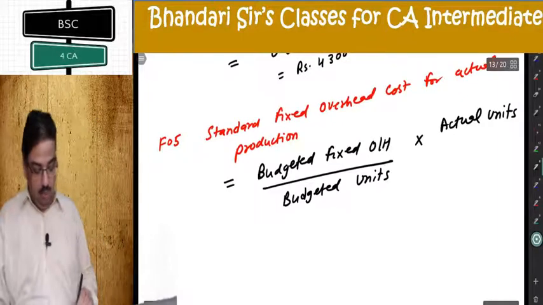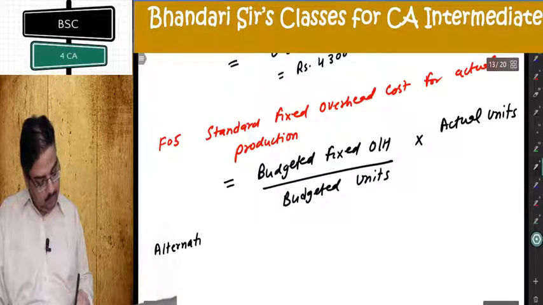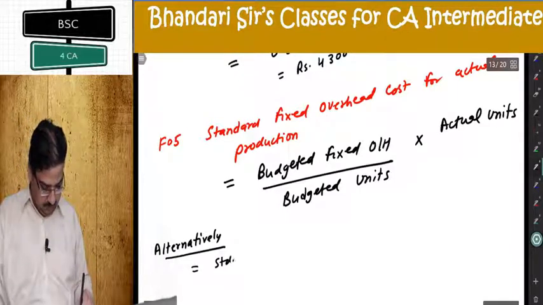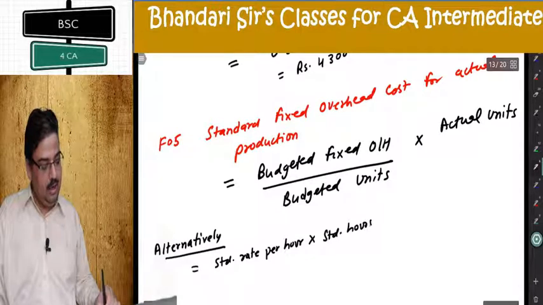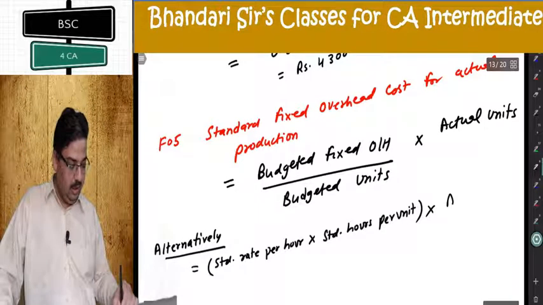Last step, on alternative basis. Alternatively, standard rate per hour multiplied by standard hours per unit. This becomes per unit multiplied by actual units.